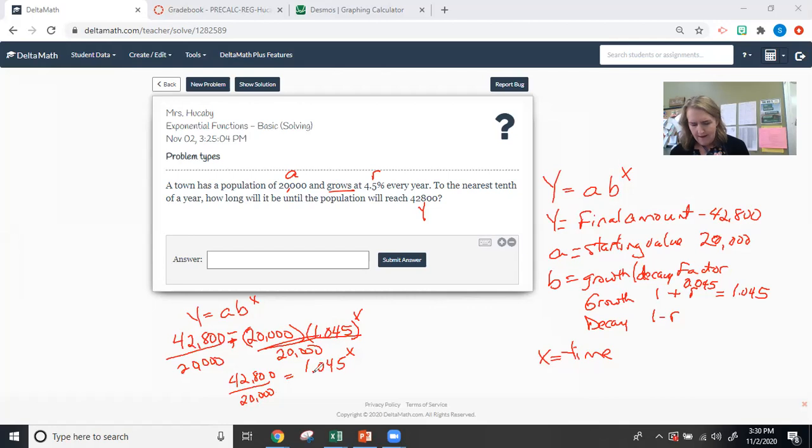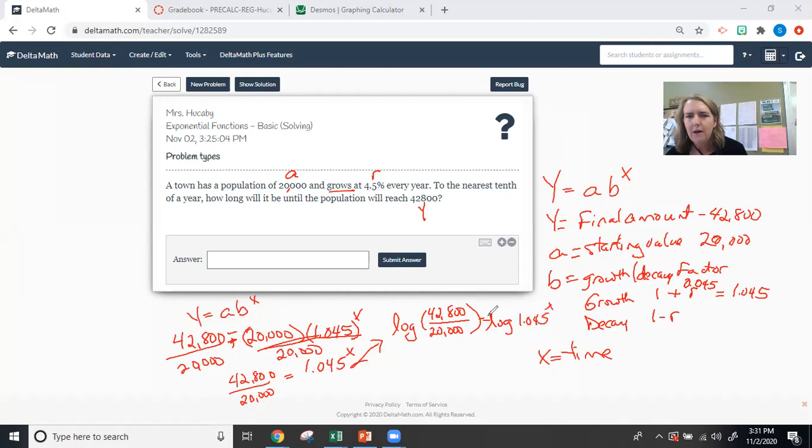So if we have something that looks like this, we can take the log of both sides to get rid of this x factor. And remember, when we take the log of both sides, the exponent is multiplied on the front. So we take the log of 42,800 divided by 20,000, and it equals the log of 1.045 to the x power.